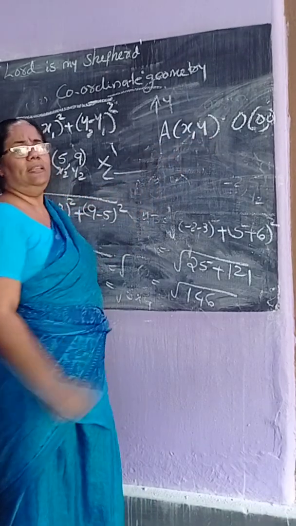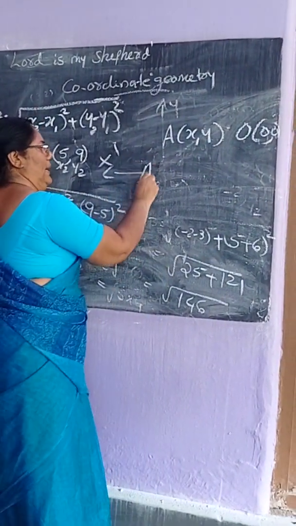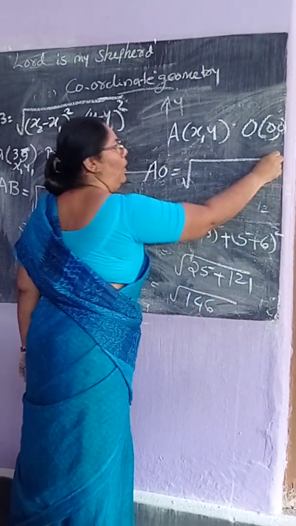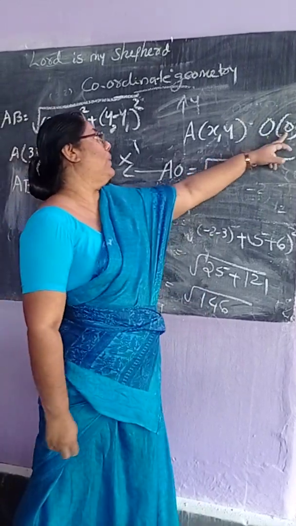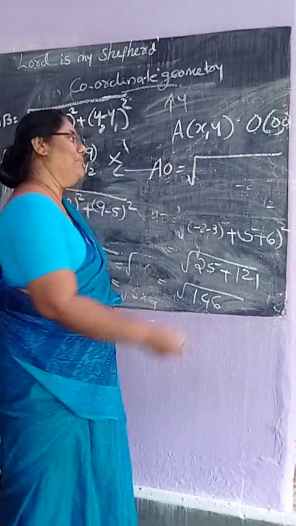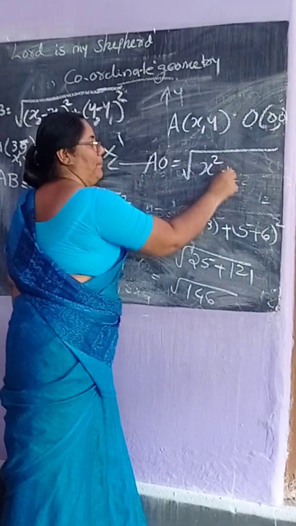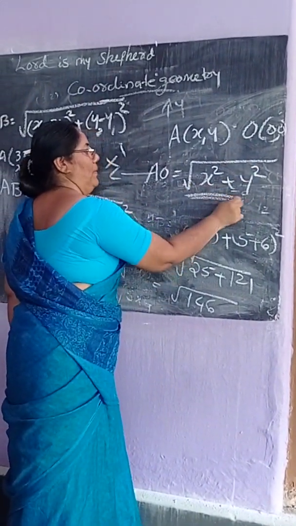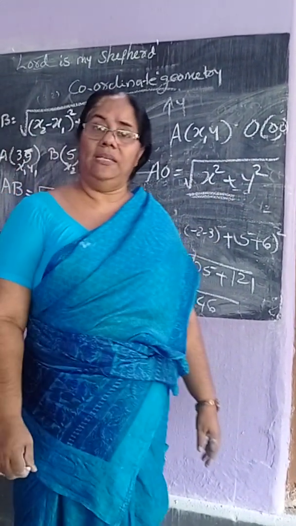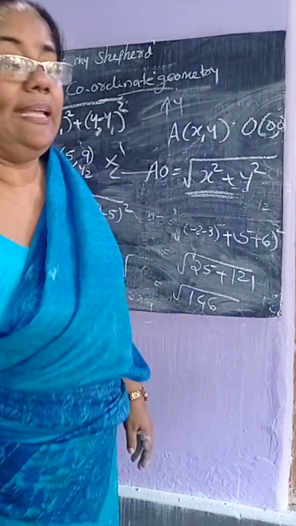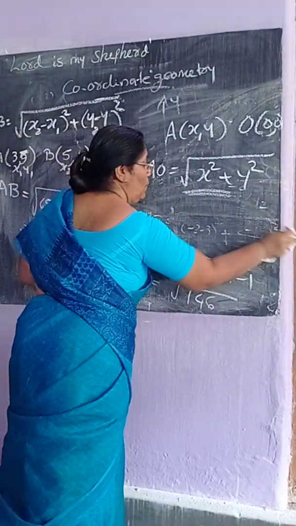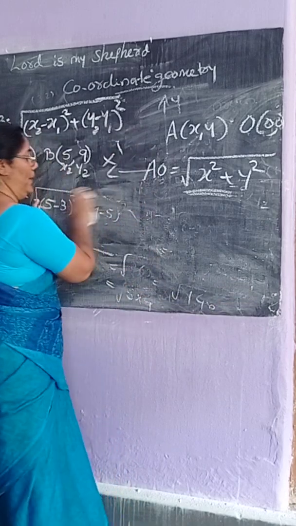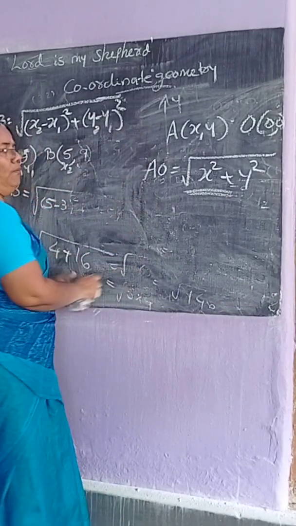Our aim is to find the distance between these two. AO equal to root of 0 minus x the whole square, which means x square, plus y square. One point is the origin, so the formula changes to root of x square plus y square.